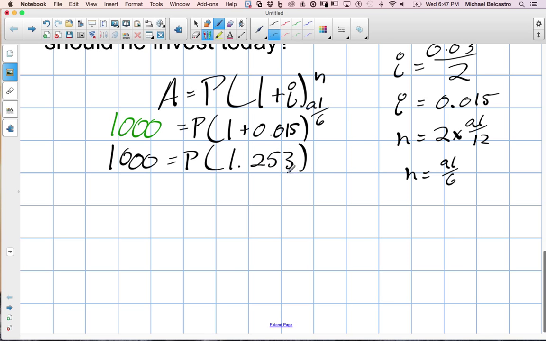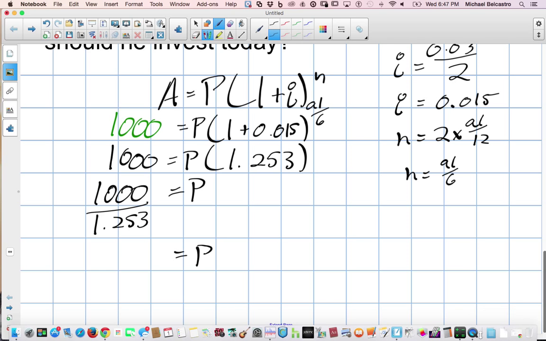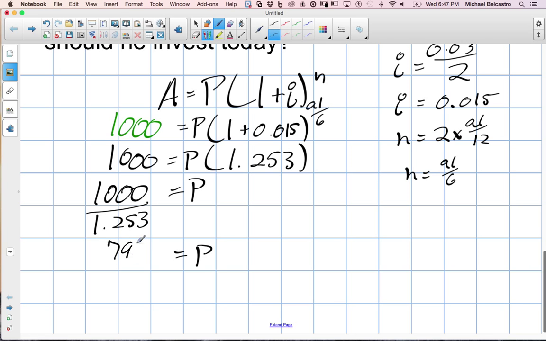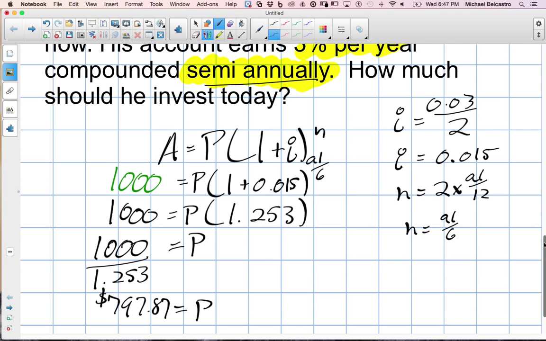And then to isolate for P, we do 1,000 divided by that amount, 1.253. Our present value is 1,000 divided by, and I'm going to use that exact value, which is 797.87.